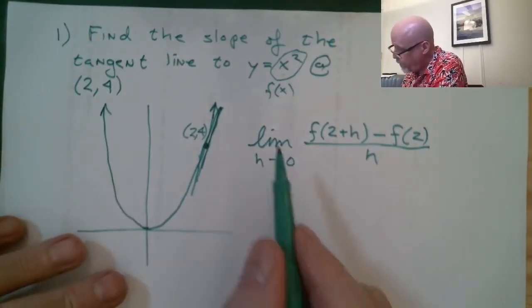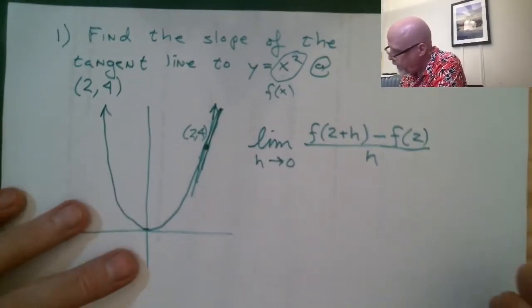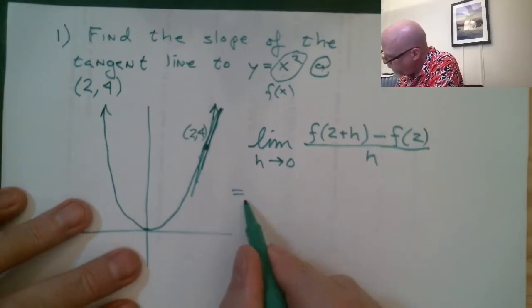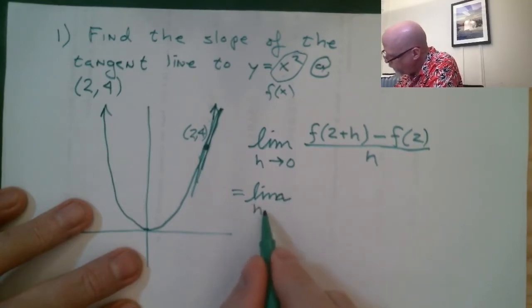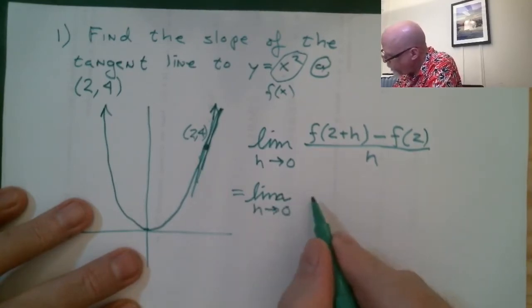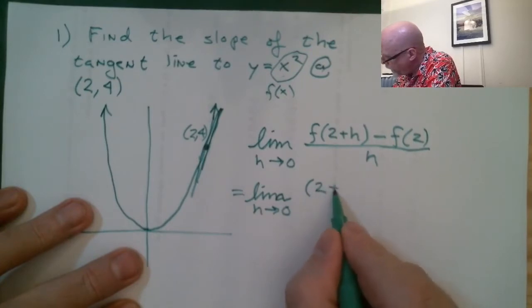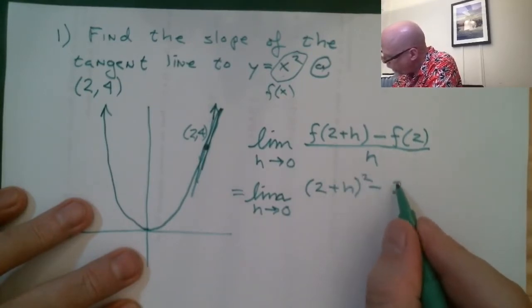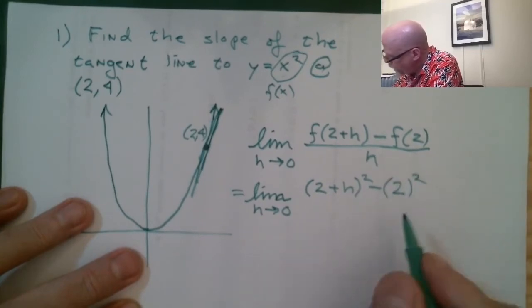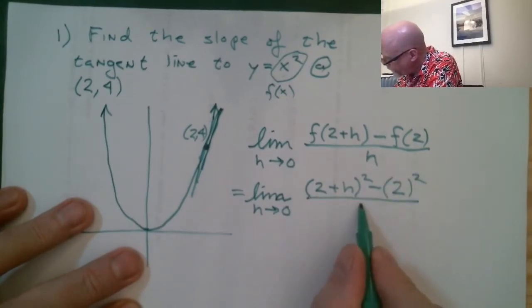So the f is squaring, the function is squaring. So this limit can be rewritten as the limit as h goes to 0 of 2 plus h squared minus 2 squared divided by h.